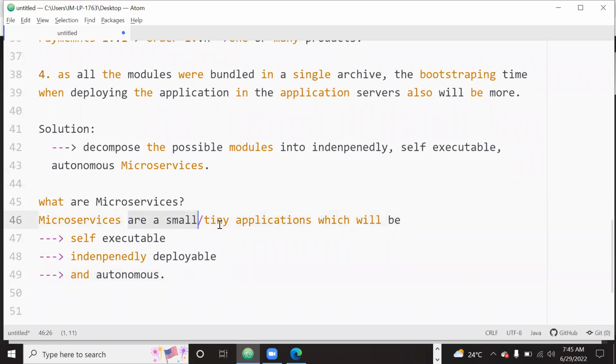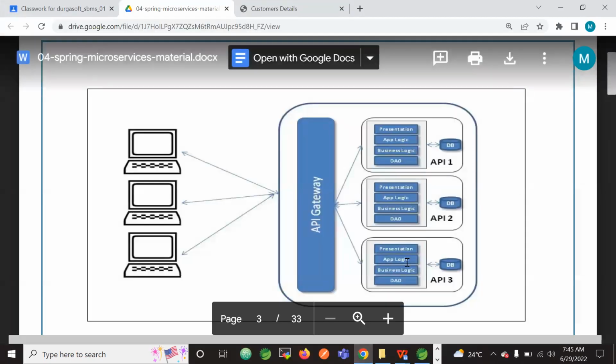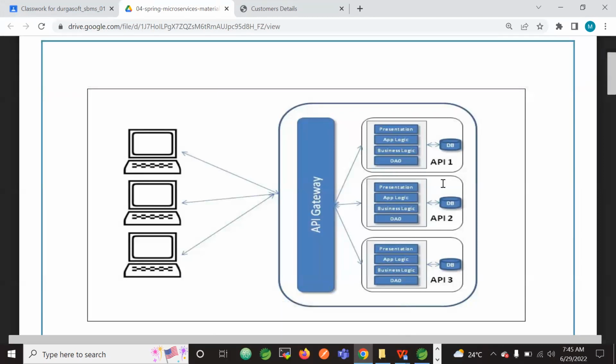Microservices are small or tiny applications which will be self-executable. That means they will run in their own process boundary like Tomcat, and are independently deployable. For example, orders management has its own Tomcat, and then the product management has its own Tomcat.